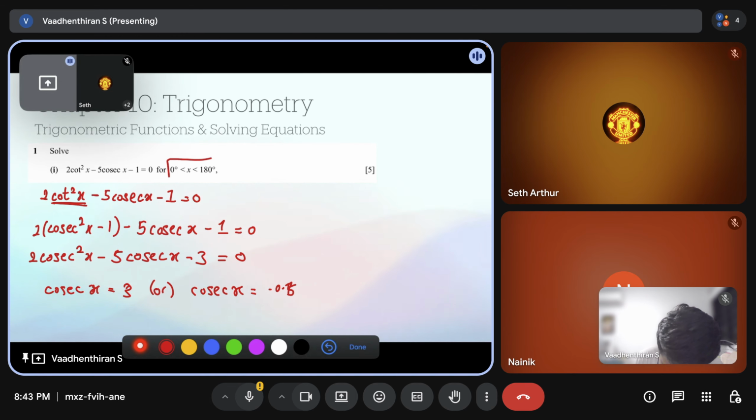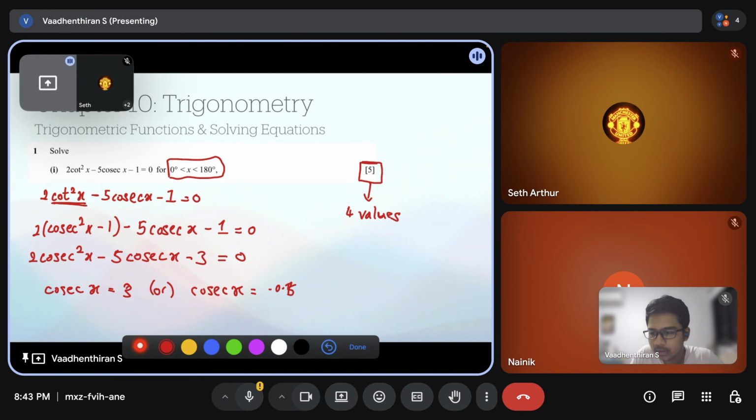Make sure the range is from 0 to 180, so the answer should be between this. Another trick you can use when checking your answers is the range of answers you're getting. Here it's for 5 marks, right? So at least you need to get 4 values. Just keep in mind, it's not sure, it's a hypothetical way to get the number of values from the number of marks.